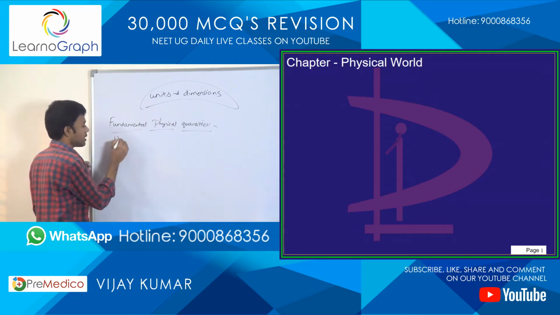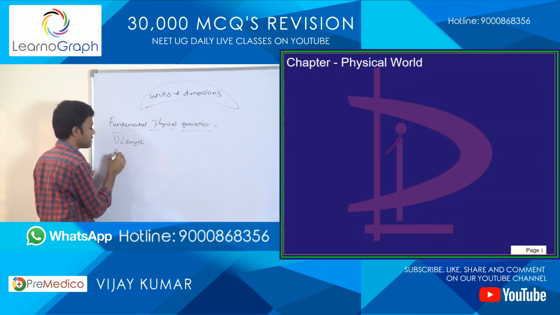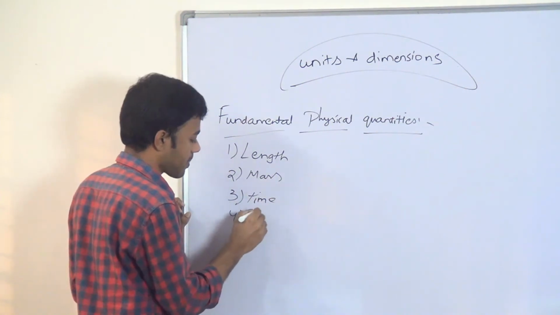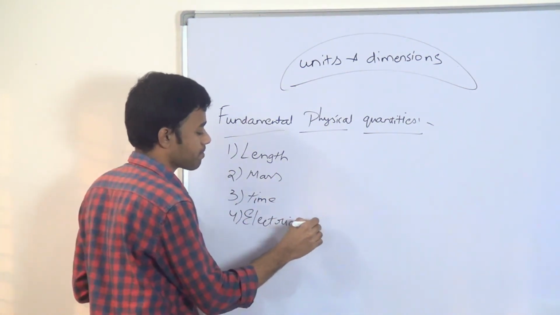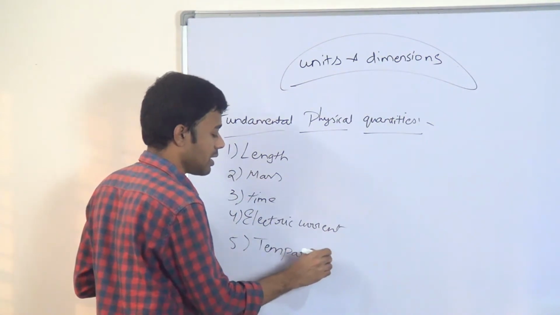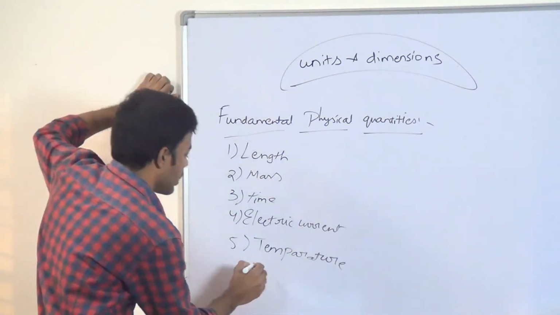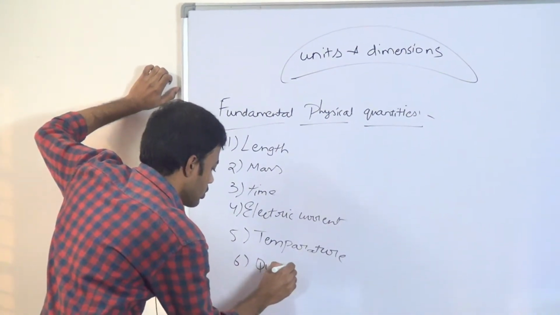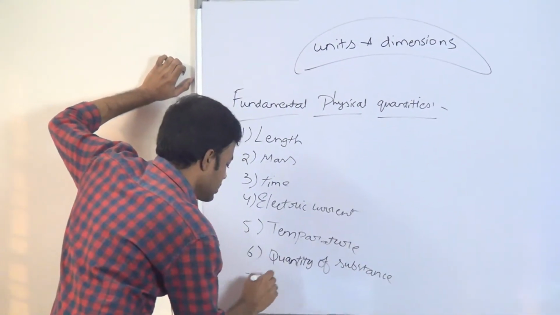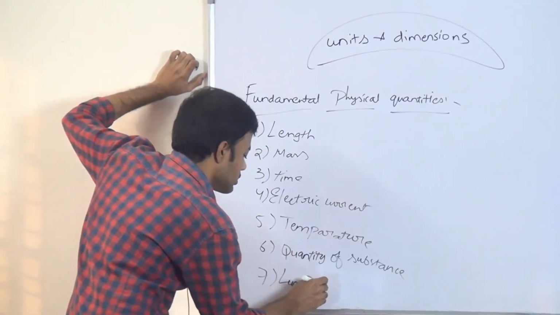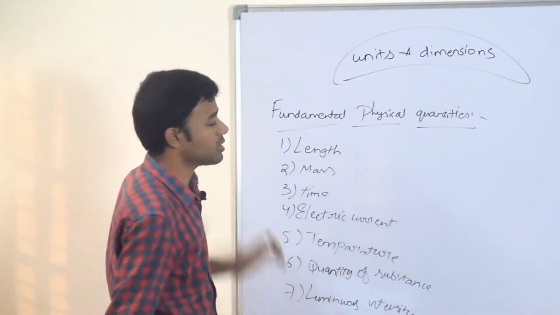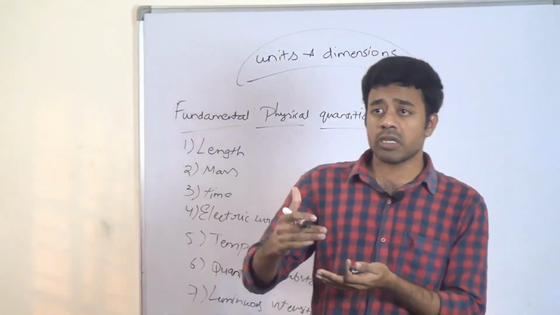The first is length, second is mass, third is time, fourth is electric current, fifth is temperature, sixth is quantity of substance, seventh is the luminous intensity. So these are the seven basic physical quantities.